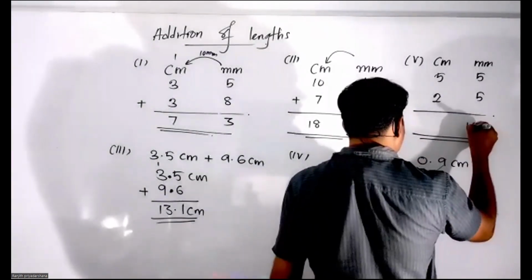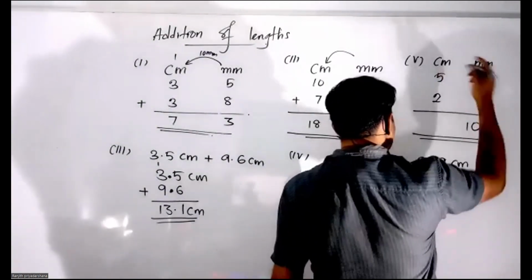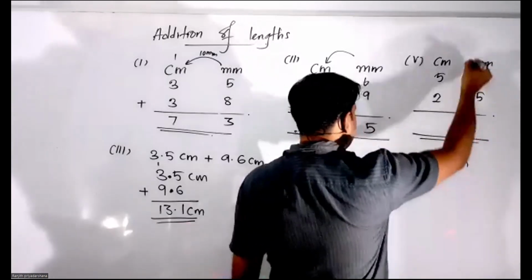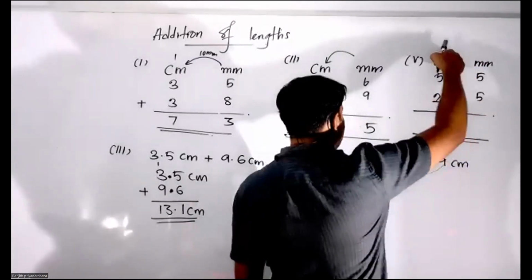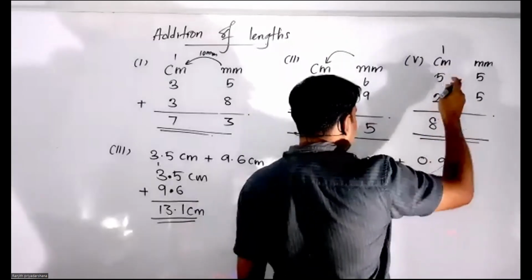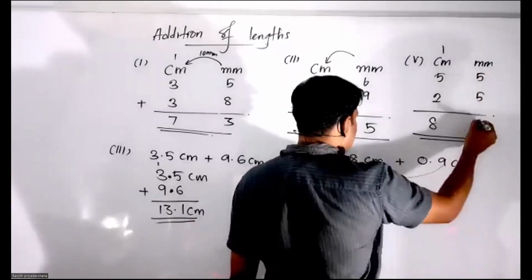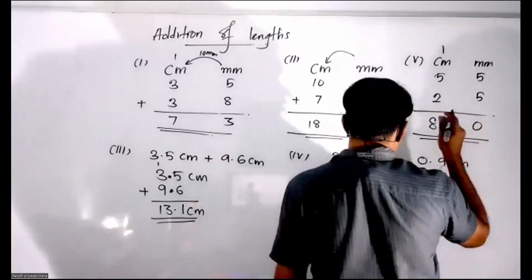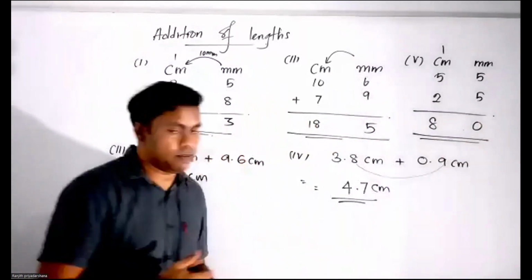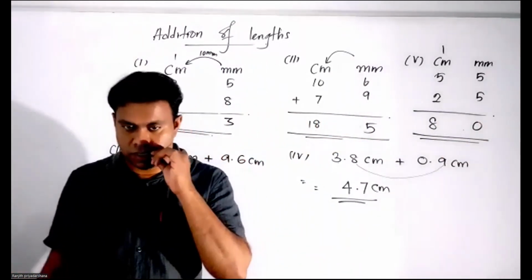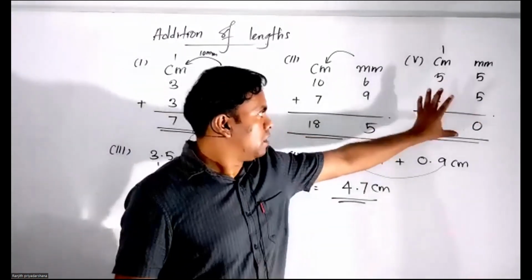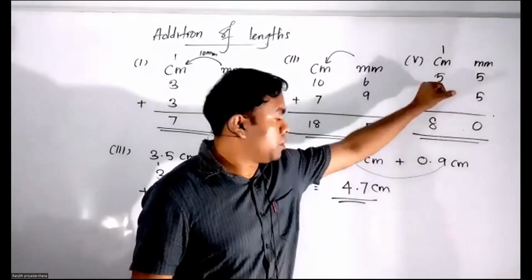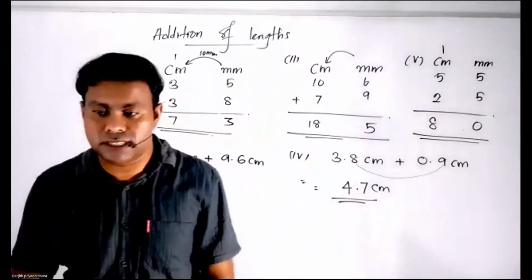But 10 millimeters means 1 centimeter. You take that 1 centimeter here. 5 plus 2, 7, 7 plus 1 is 8. 8 centimeters, and that's 0 millimeters, right? So that means 8 centimeters is the answer. That's the first thing we have to learn, right? So this is what actually we do. So that's a thing you learned in this calculation.